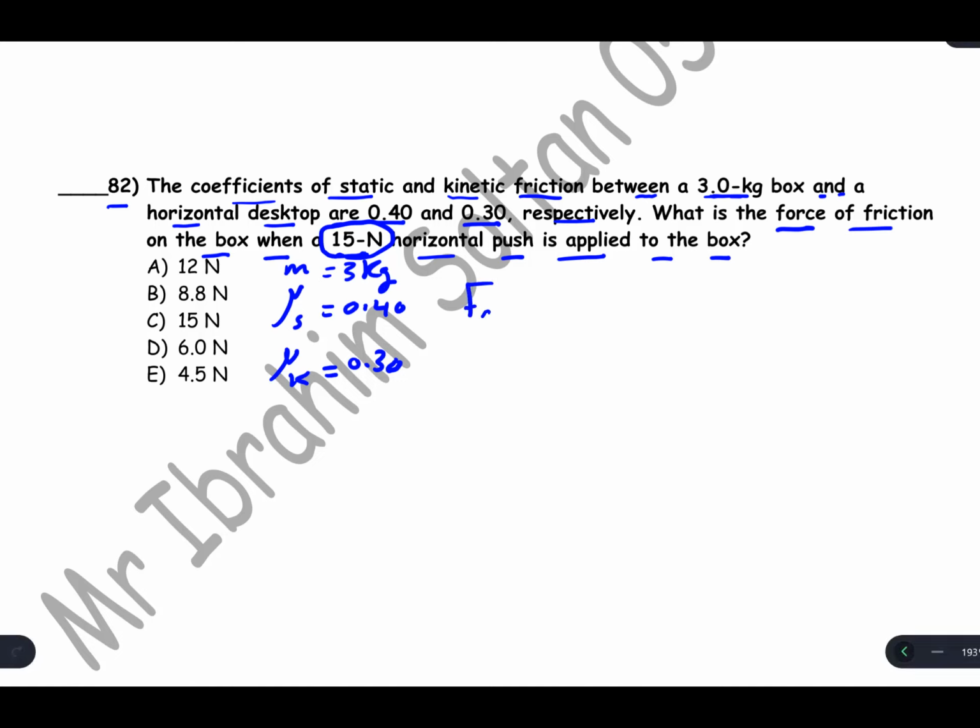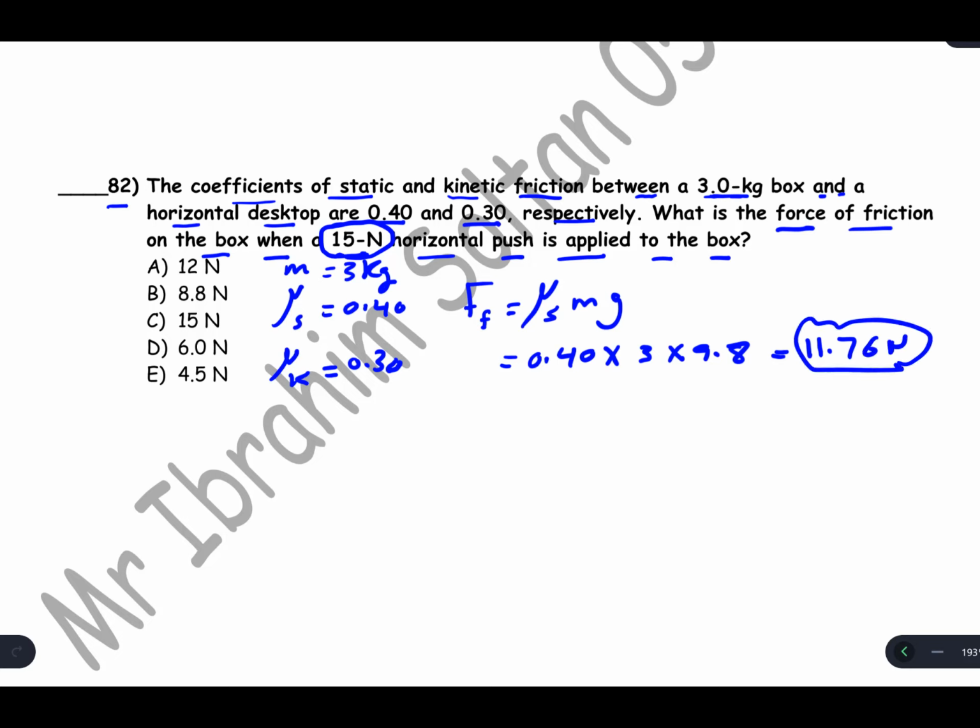F equals mu s mg, right? Mu s is 0.40 times m is 3 kilograms times 9.8 equals 11.76 Newton. Hold on.